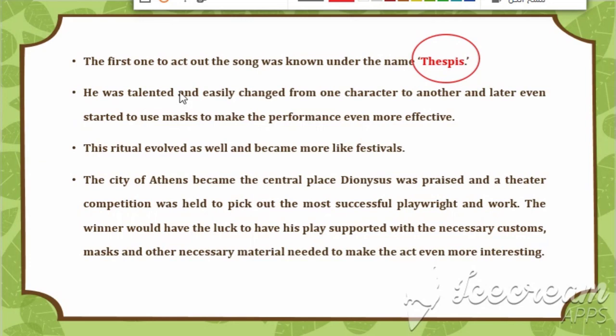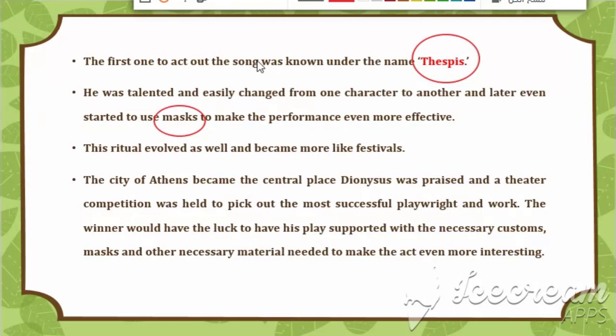He was talented and easily changed from one character to another, and later even started to use masks. So, he not only sang the songs, he not only acted or changed from one character to another, he even started using masks. Why? To make the performance even more effective.